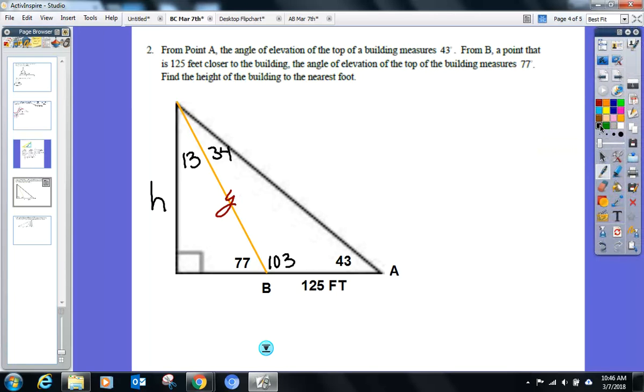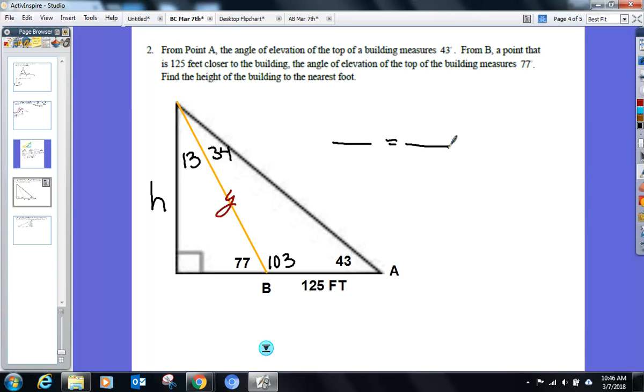All right, so law of sines. Anybody want a little help setting it up? Y over, make sure you use everything from the same triangle. Sine of 43. And it looks like I can use 125 and sine of 34. Yep.